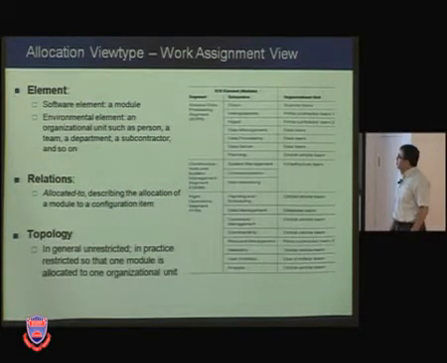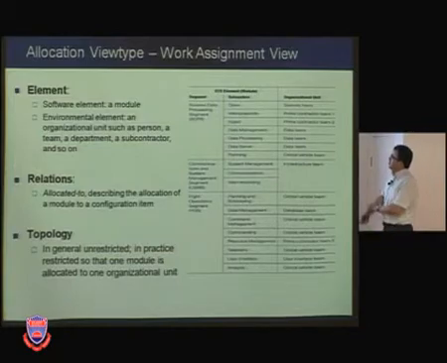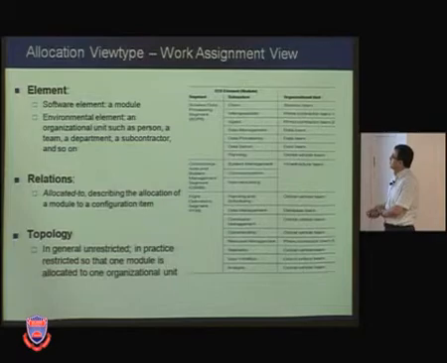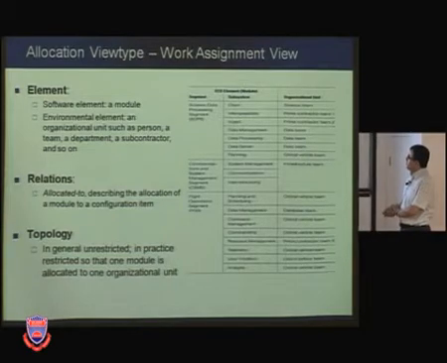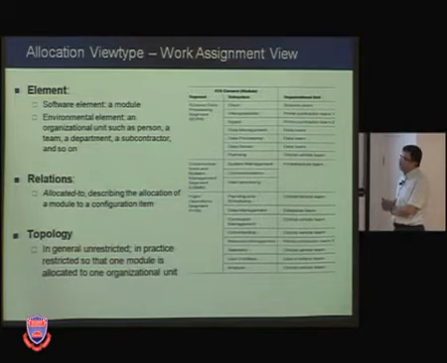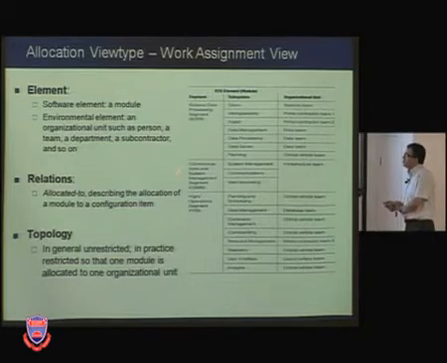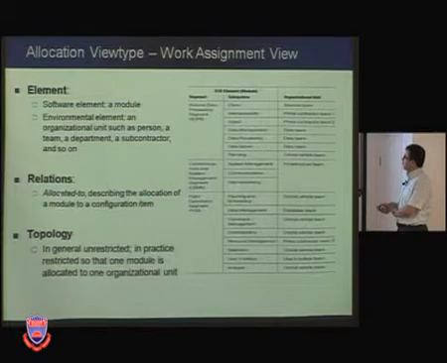The third style in the allocation view type is the work assignment style. Here you don't map to hardware or whatever, but you map to persons. Environmental elements are organizational units, such as a person, a team, a department, a subcontractor, and so on. Relations are allocated to.